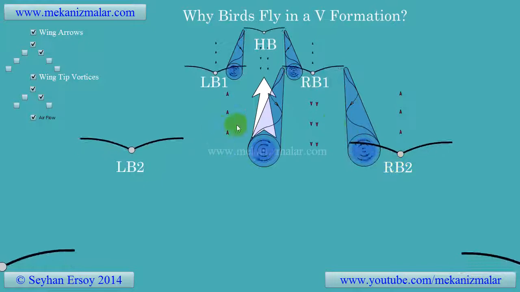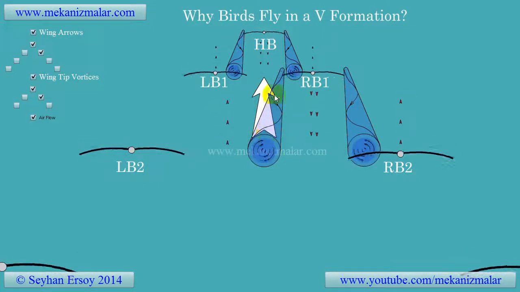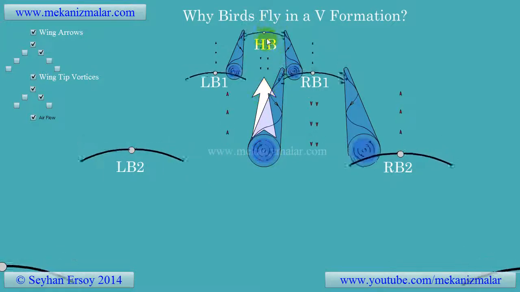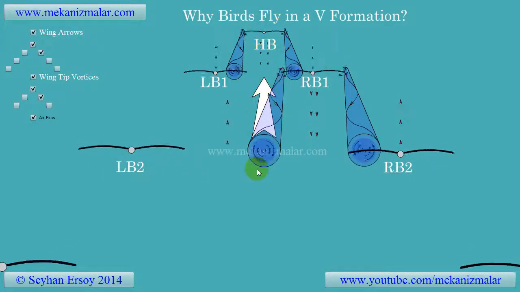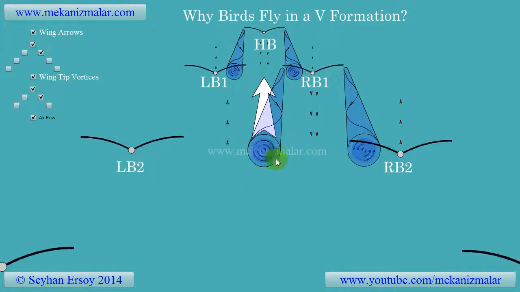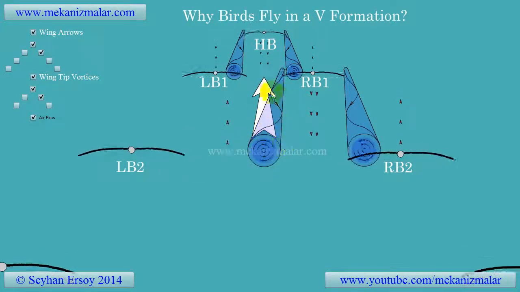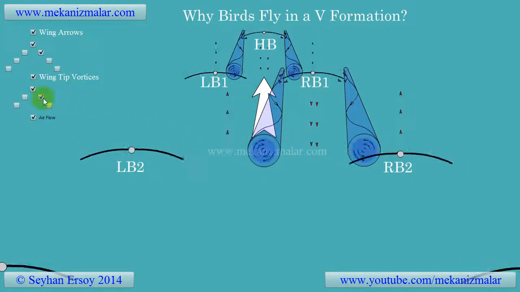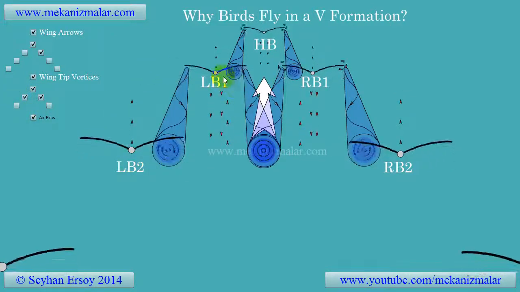The left side of RB1 has an updraft region, but it also has a downdraft due to the lead bird HB. The two opposite effects created by HB and RB1 diminish each other's movements and create choppy airflow in that region. The same thing can be said for LB2 following bird LB1.